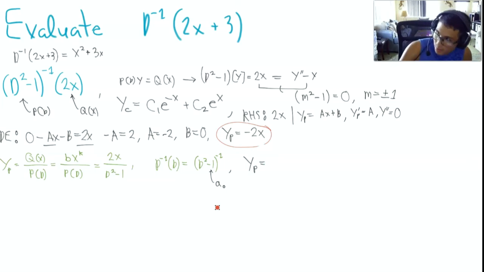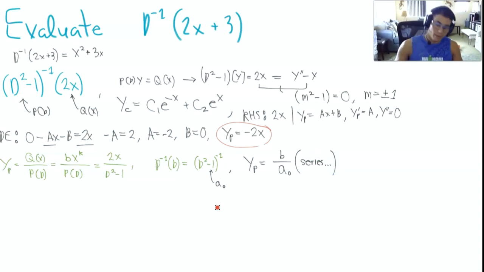You could do yp as this, B times AO, and then I'm going to write series, dot dot dot, and just x. I will include this in the notes. No, I'm going to go back and add this in.